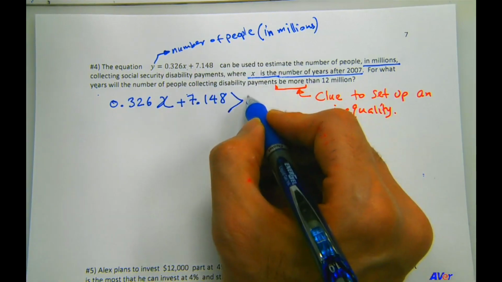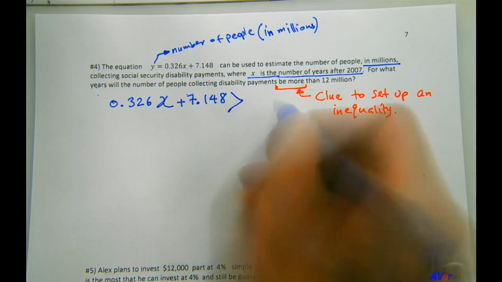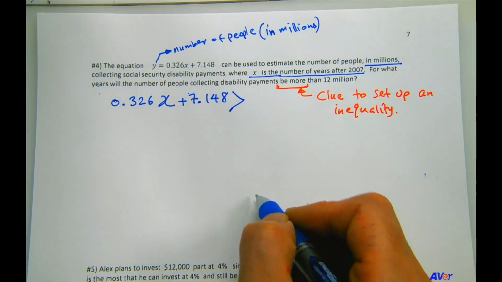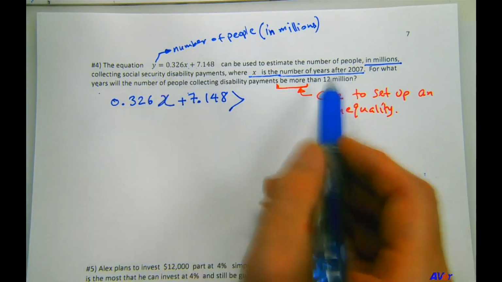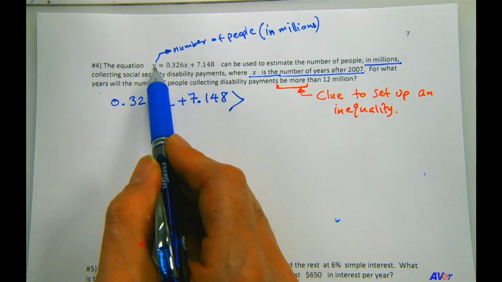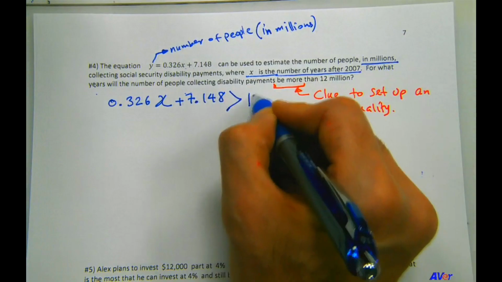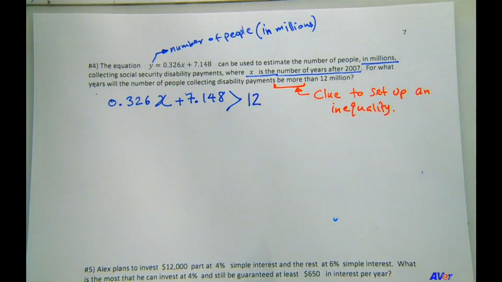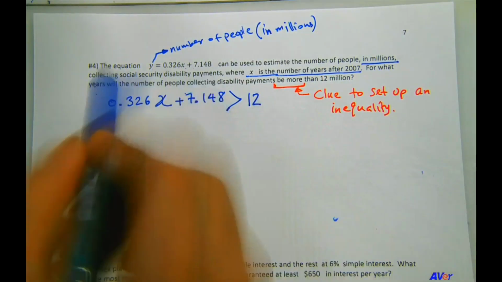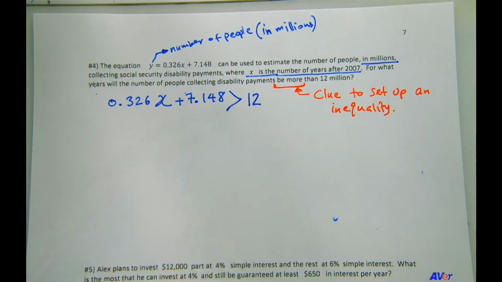Be more than 12 million. So should I put 12 and 6 zeros after that? No. Why not? Because we were already told that y is in millions. So all I have to say is 12, because the units in the equation are in millions.